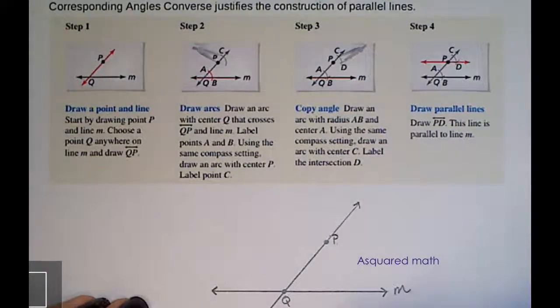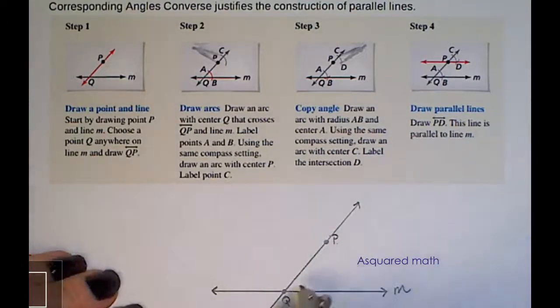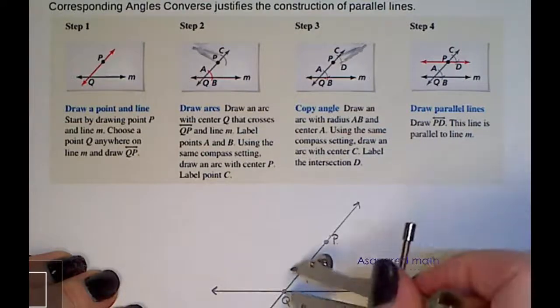Step 2, draw an arc with center Q that crosses line QP and line M. So we're going to take our compass, and I'm going to make this a little bit smaller here. We're going to draw an arc from Q as our center point, and I'm going to just draw this arc.